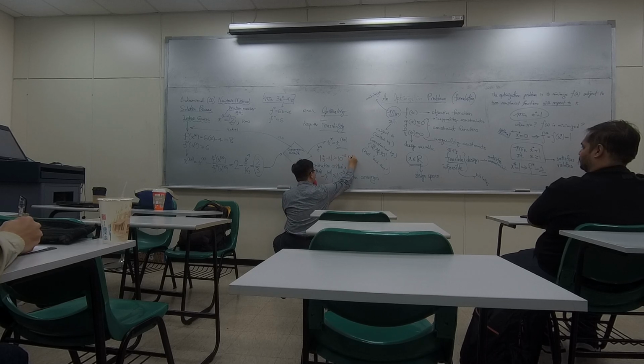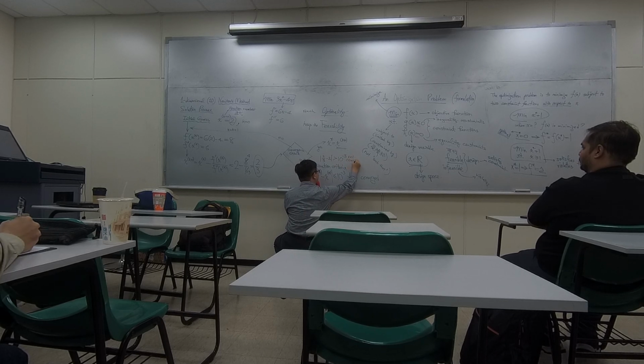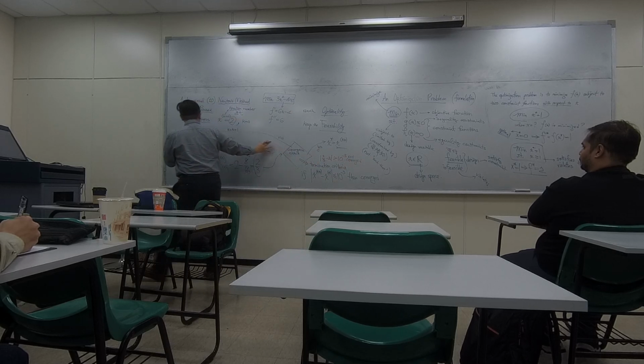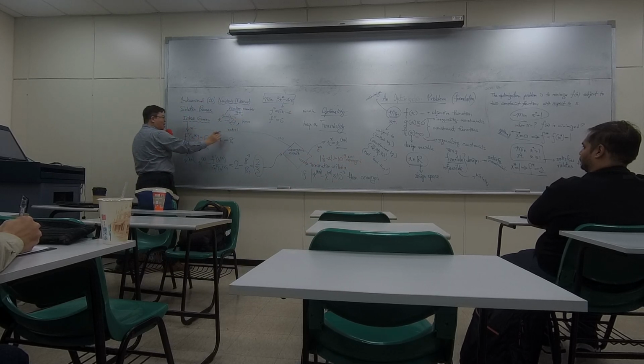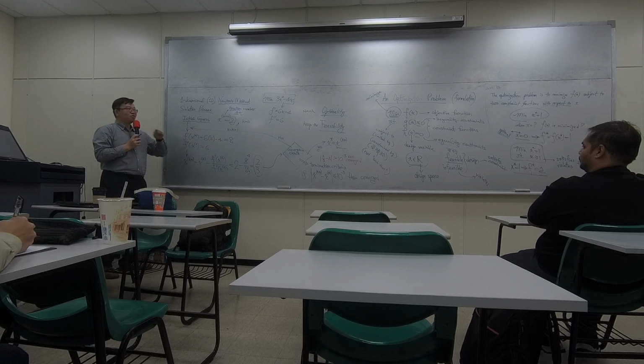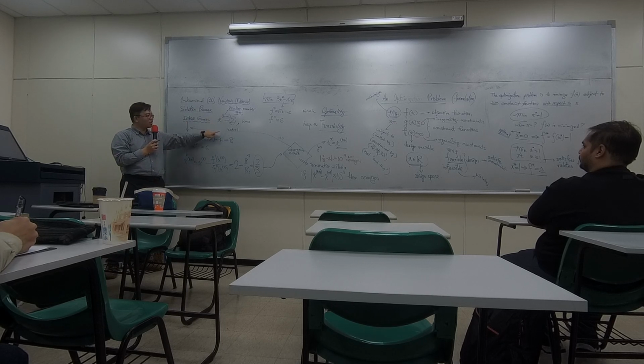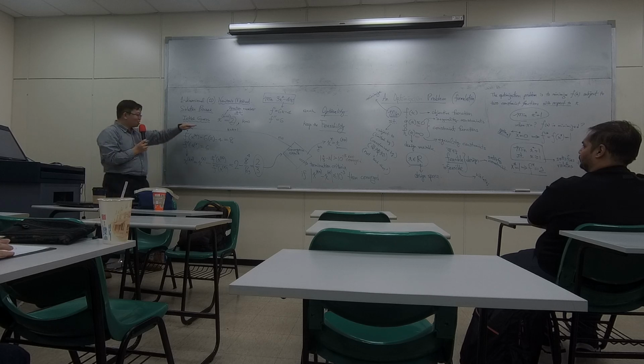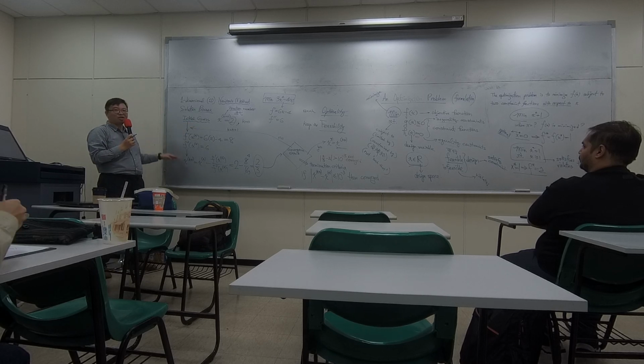So not converged. So if it's not converged, I need to move on to here. And now my k originally was 0, now k equals to 1. So I need to do the second iteration.